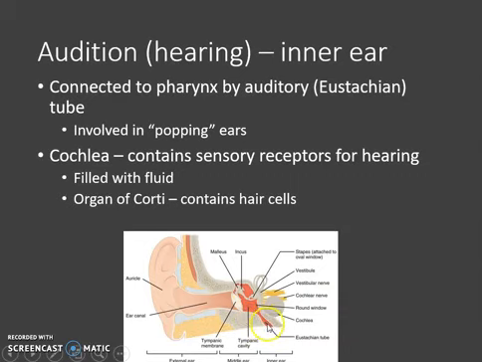Now, in small children, this tube can be very small or underdeveloped at first, and so if the tube is not working properly to drain material away from the ear, fluid can back up here and get infected, which is what causes an ear infection in small children. So oftentimes in small children, they put a tube in the ear, and when they put the tube, they actually put a tube through the eardrum.